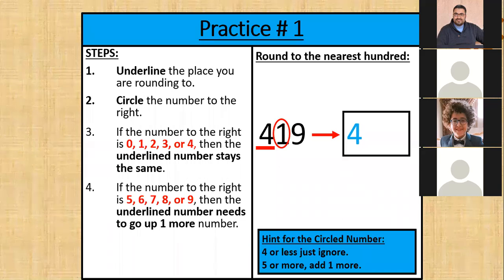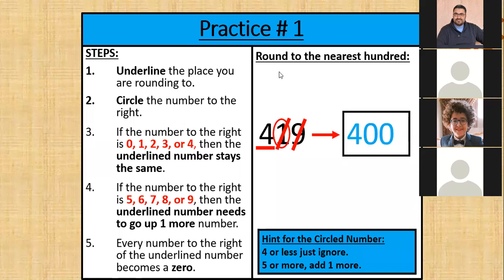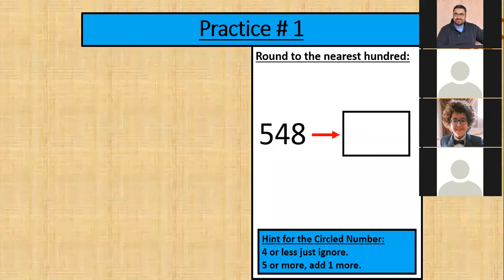And the last step, to cancel 2 numbers, we will cancel 1 and 9. We will cancel both of these numbers and write 0.